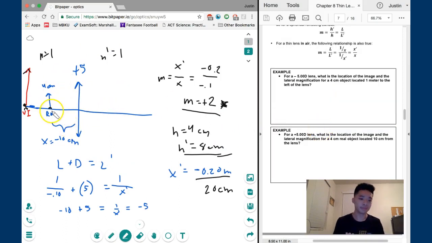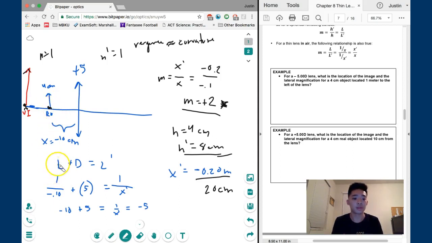And also, I didn't do this too much in previous examples, but let me visually show you what's going on with vergence. Remember how I said vergence is a measure of curvature. When you're talking about objects, the vergence is the curvature right before it hits the lens.